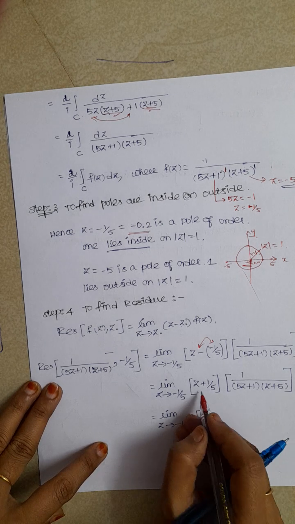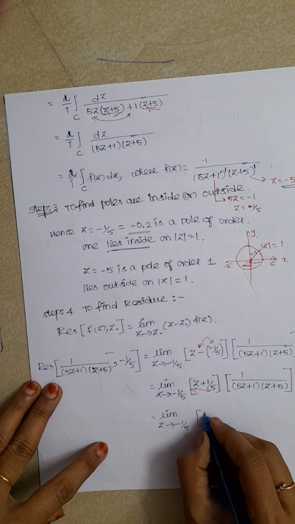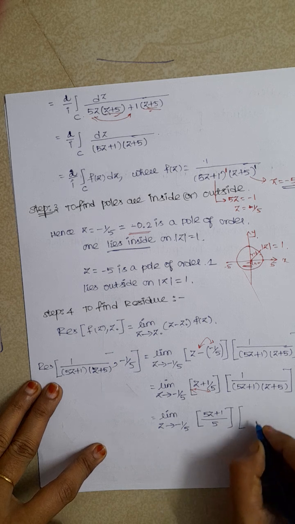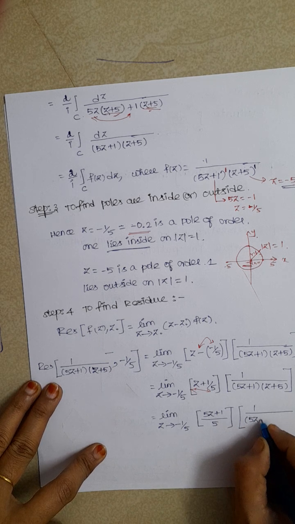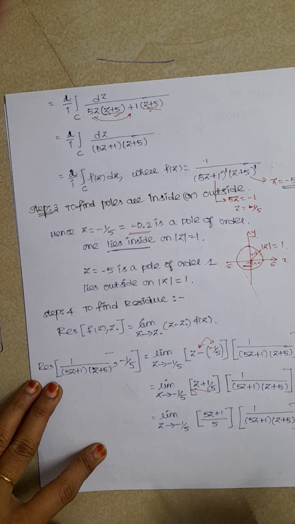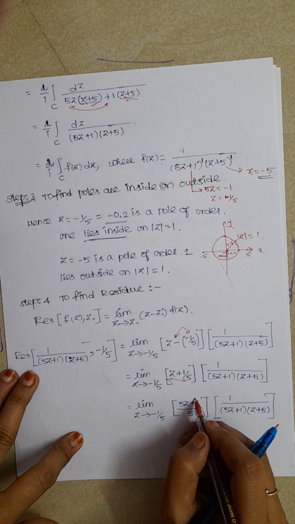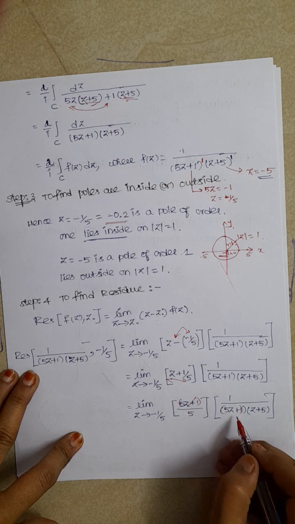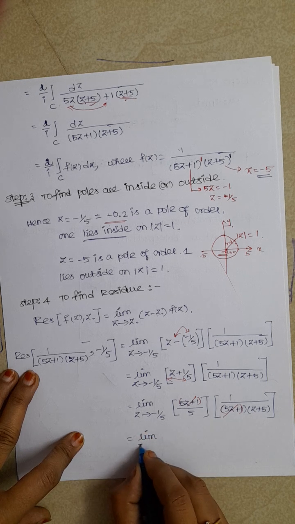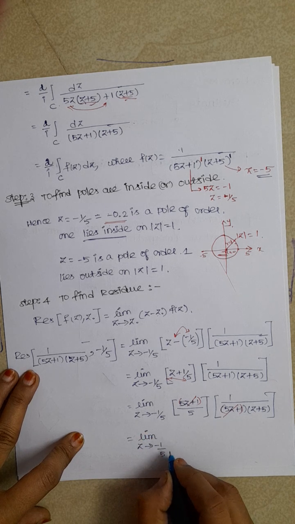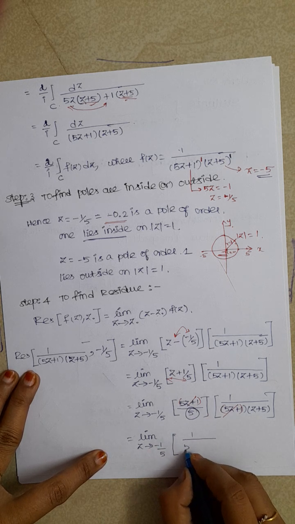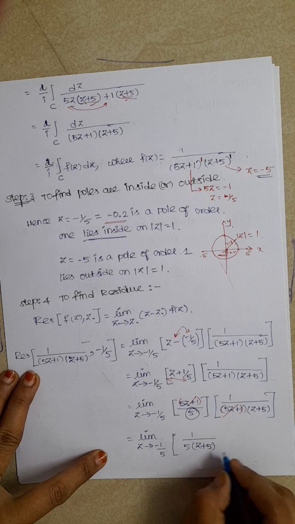Cross multiply this term, we get (5z plus 1) divided by 5, then (5z plus 1) into (z plus 5). Cancel this term, 5z plus 1 and 5z plus 1. So the remaining term is limit z tends to minus 1 by 5 of 1 by 5 into (z plus 5).